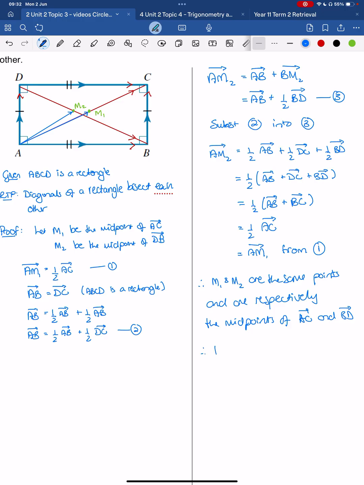So therefore the diagonals of a rectangle bisect each other.